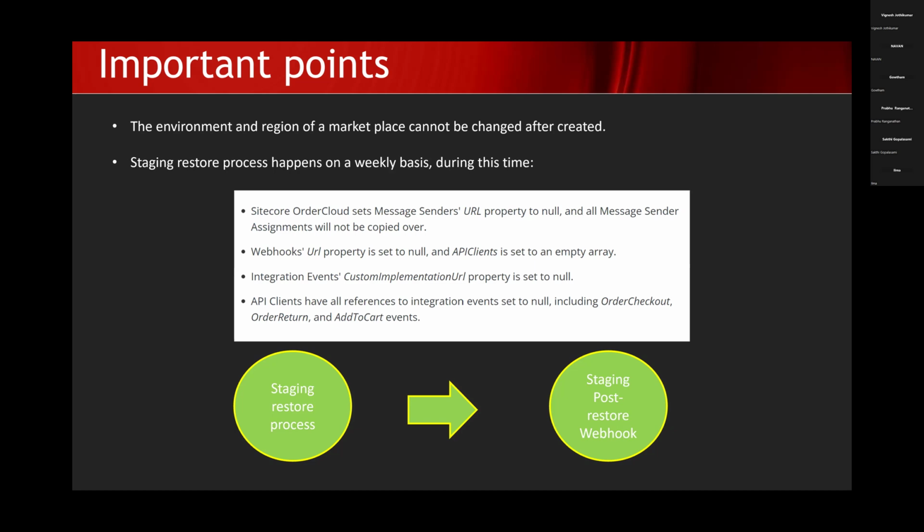You have to ensure that after the restore, the webhook brings it back to the original state if you want. So that's something we need to take care of. The webhooks URL property is set to null. These are some things which are done by the restore process. So you have to ensure that these are back to the original state with the staging post restore webhook.